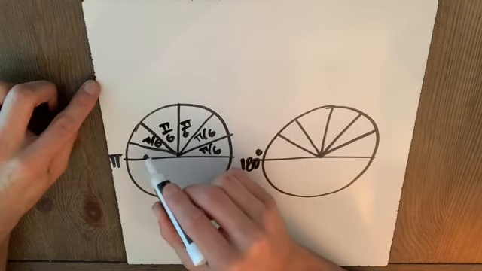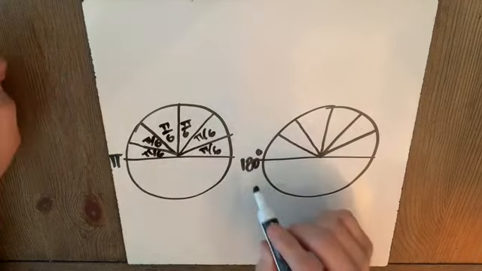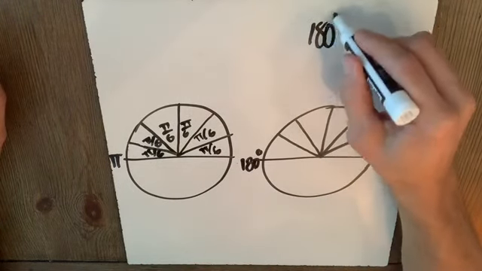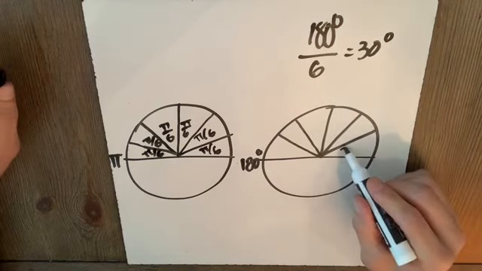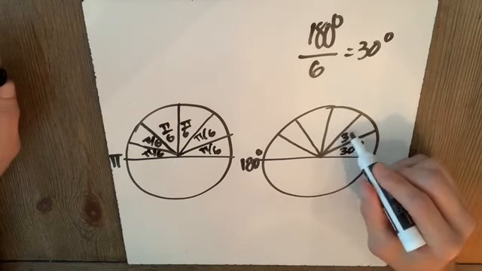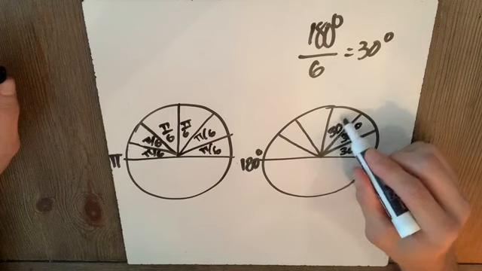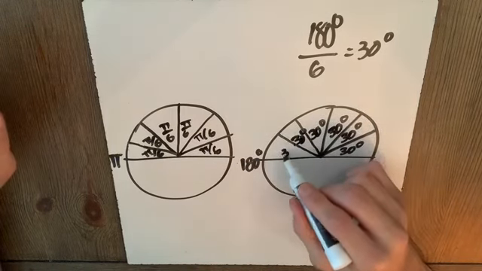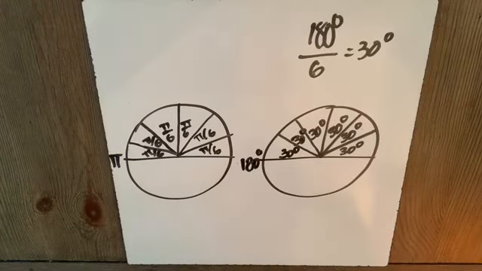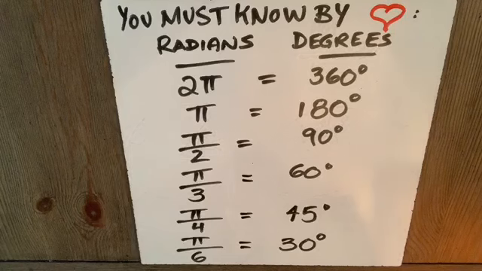Now, if I do the equivalent in degrees, 180, if I divide that by 6, I'll get 30 degrees. So each of these little wedges of cheese over here are 30 degrees. So there's our last equivalent that you should have down, backwards, forward, upside down. You should know that 30 degrees is pi over 6. You must know by heart.